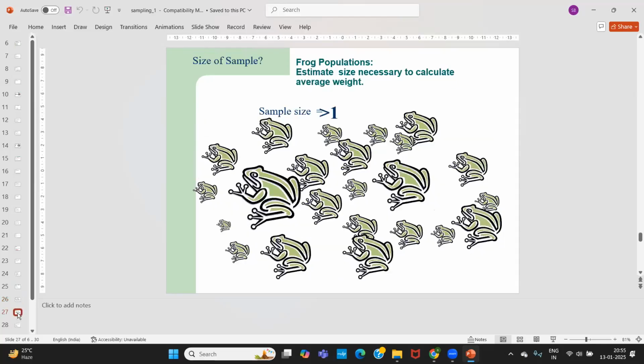Now look at this. For the same purpose, if the population is heterogeneous in their weights, then a sample size of 1 is not representative. It requires a larger sample size, even though the population size is smaller.